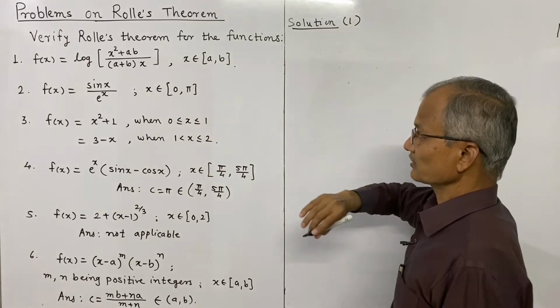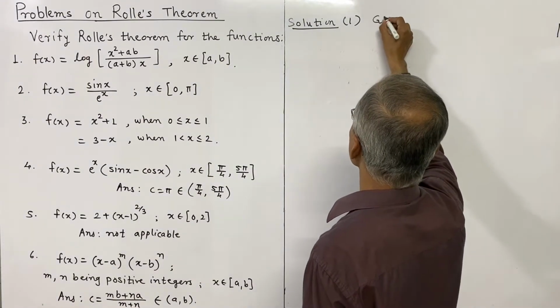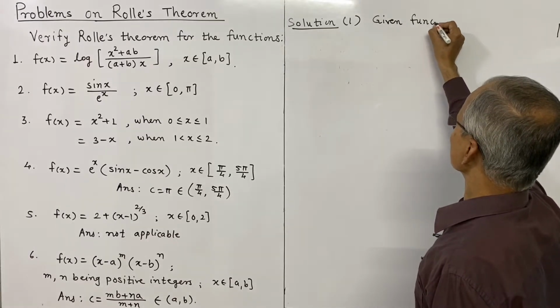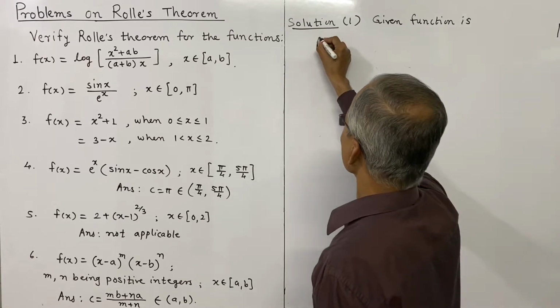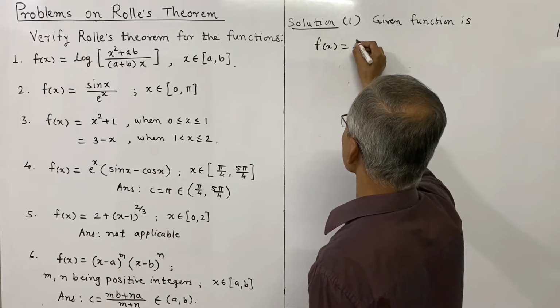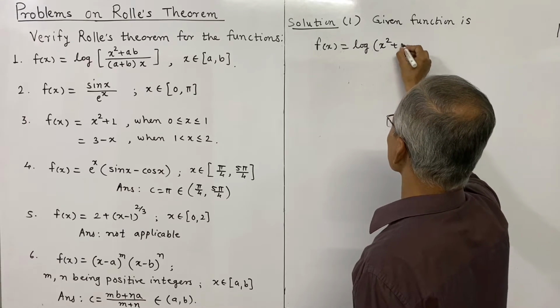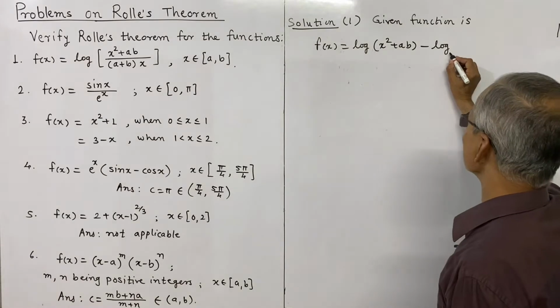Given function f of x, we can simplify using law of logarithm. This can be written as log of x square plus ab minus log of a plus b times x.